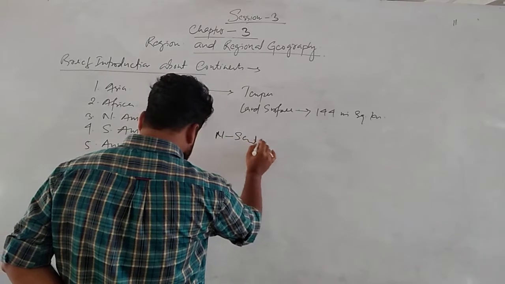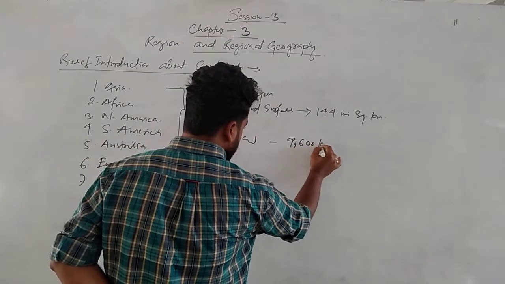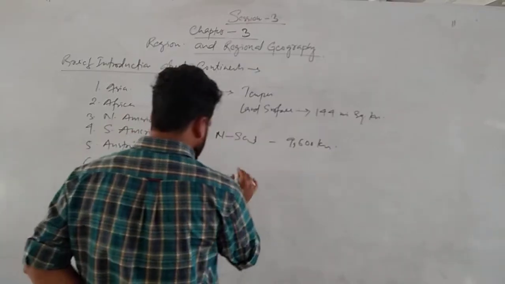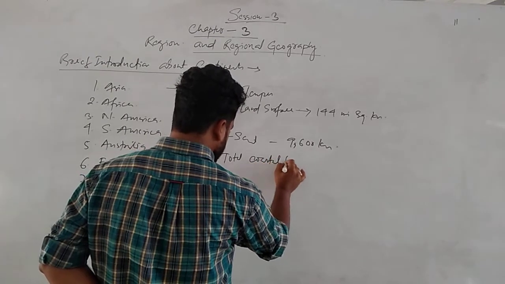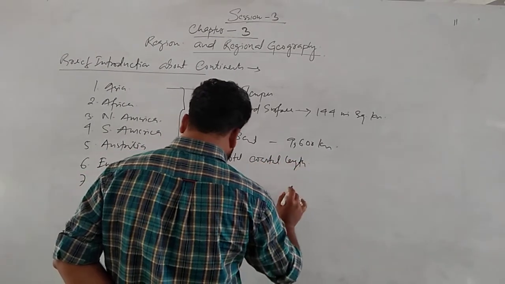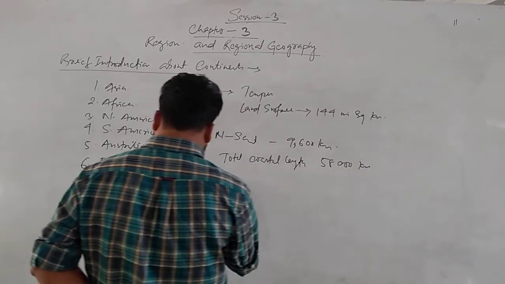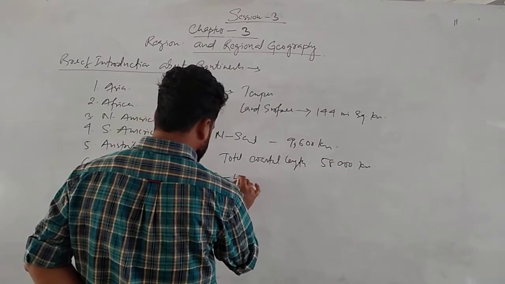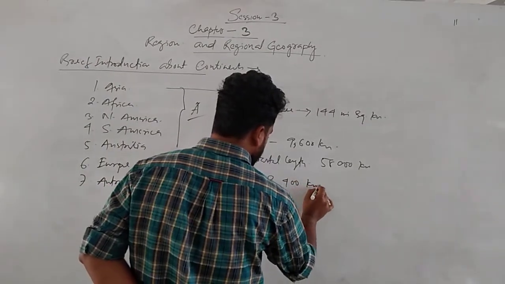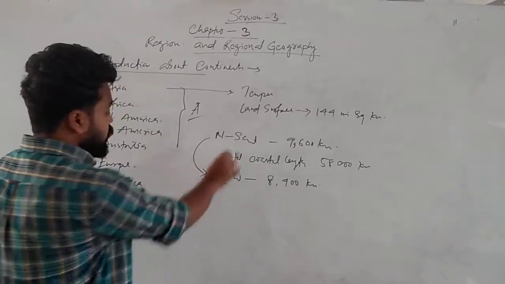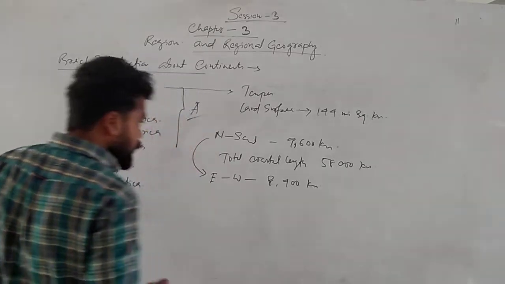North to south it is 9,600 kilometers, and the total coastal length is 58,000 kilometers, and east to west it is 8,400 kilometers. So north to south 9,600 kilometers, and east to west 8,400 kilometers.